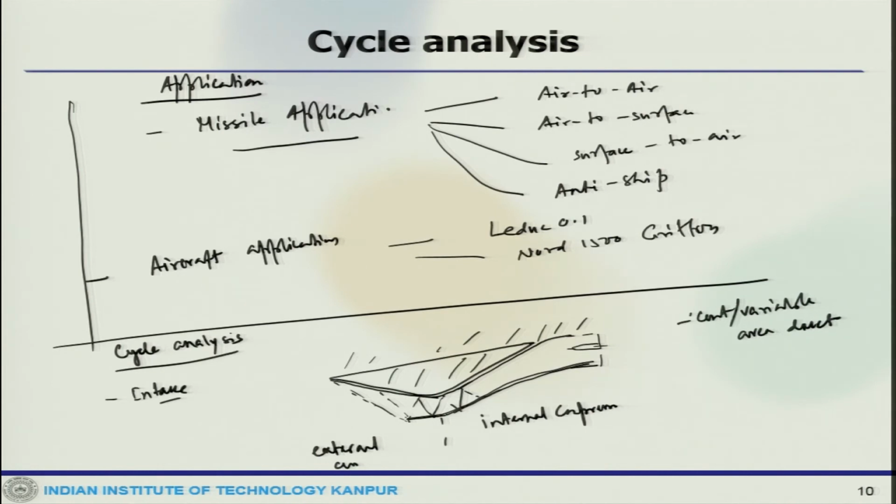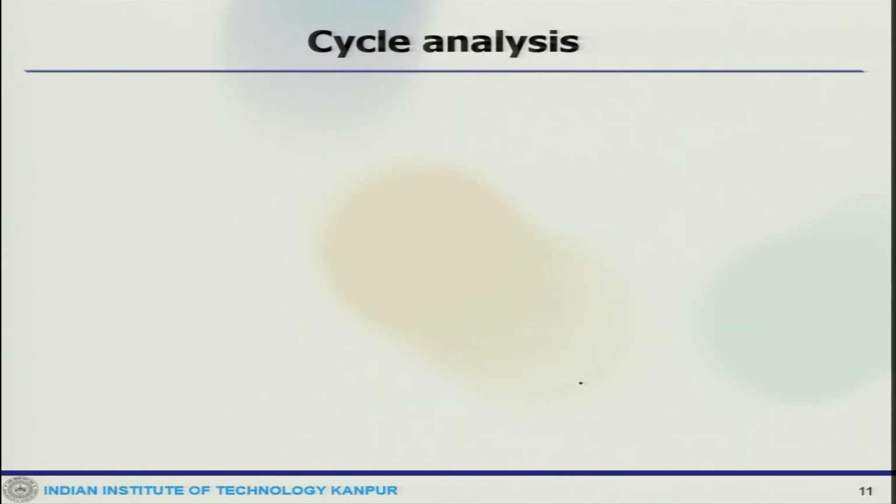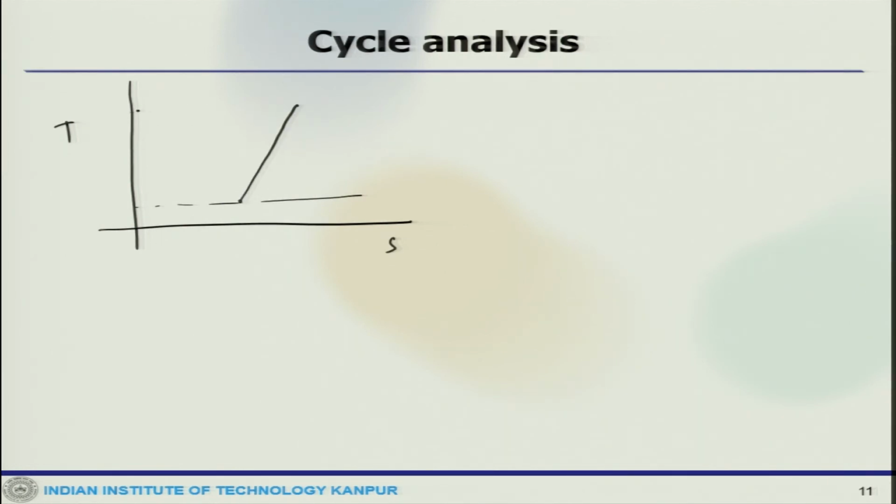Now, if you see this one, and let us say this is a station A, and this is a station somewhere at B, then the TS diagram would look like this.